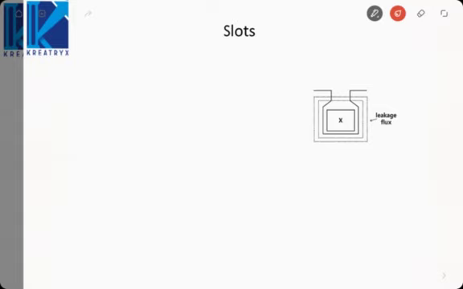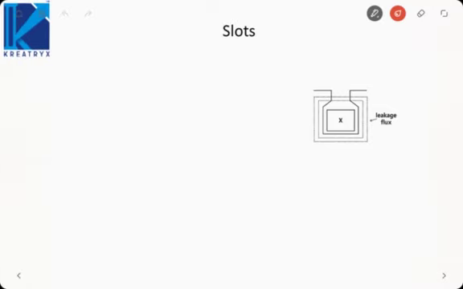Now suppose we tilt the air gap. We tilt it like this so that it is not fully closed and it is not fully open. So it is called semi-open. Here we have reduced the air gap. So air gap, let us say G, reduces.